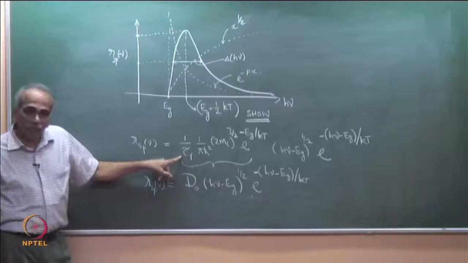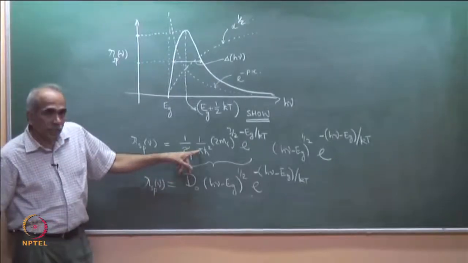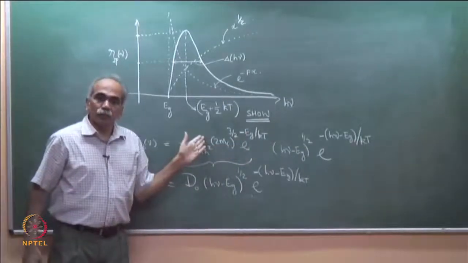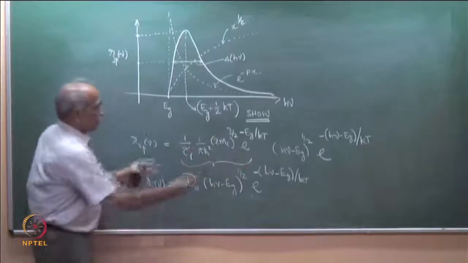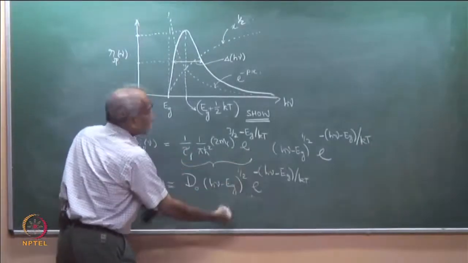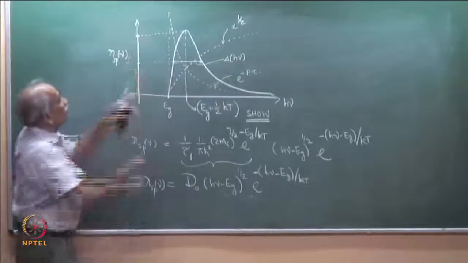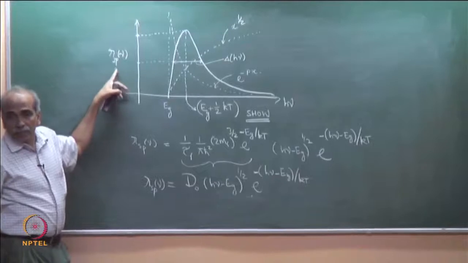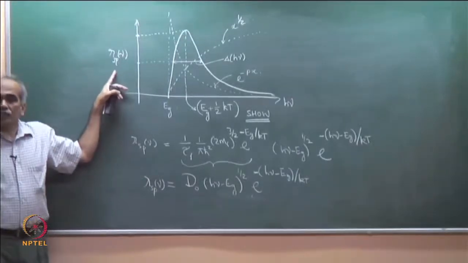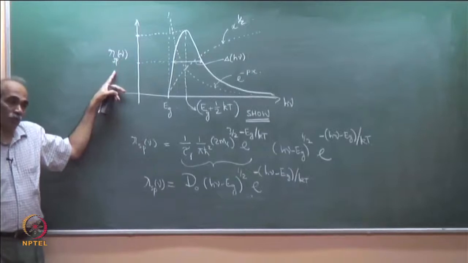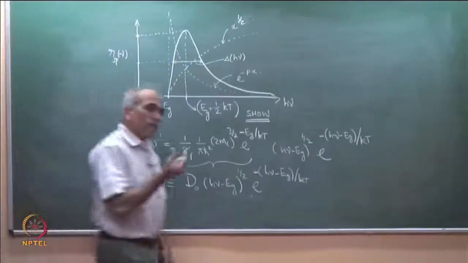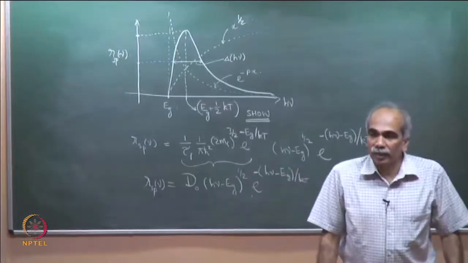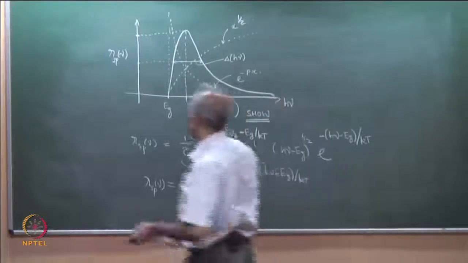For a given material we know the radiative recombination lifetime, constant, the reduced mass, all parameters are known. So, at a given temperature you know what D 0 is and therefore, you can find out the maximum rate of spontaneous emission. Remember that rate of spontaneous emission is the number of emissions per unit time per unit volume. If you multiply this by the energy of the photon h nu, it will give you the power output from that material, power per unit volume.